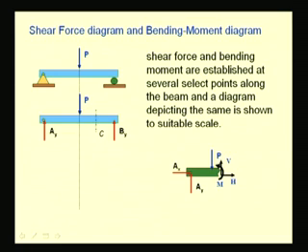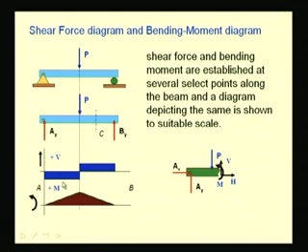And as we move this section, we get the shear force and bending moment along the beam, and the same is depicted as a diagram. So, this diagram shows the shear force variation from A to B, and this diagram shows the bending moment variation from A to B.